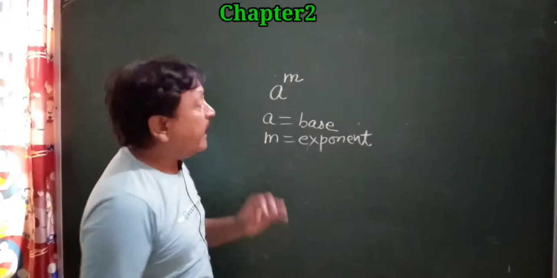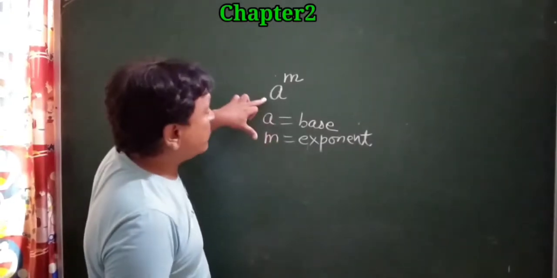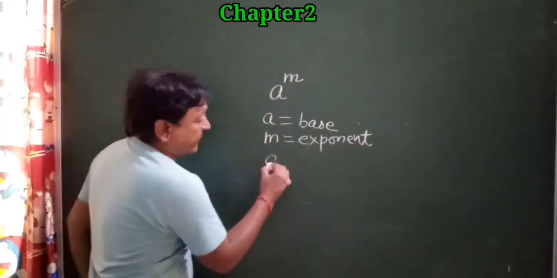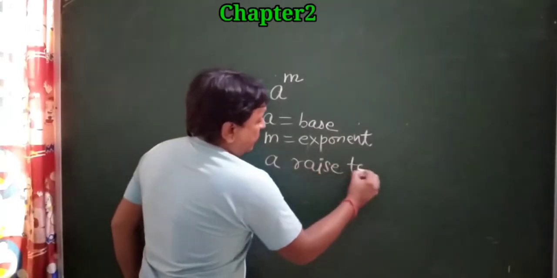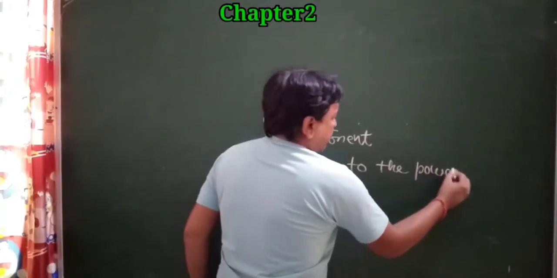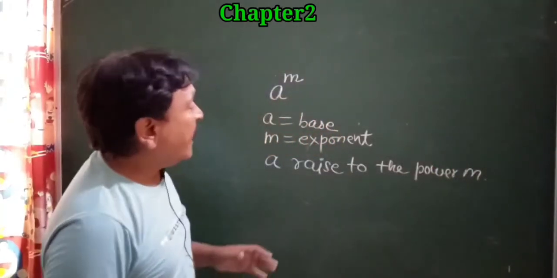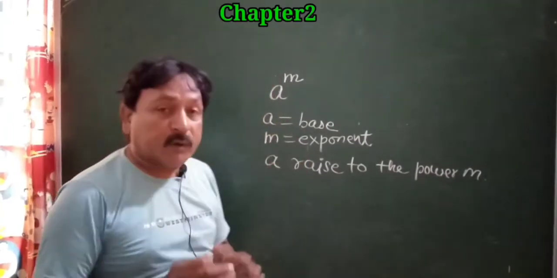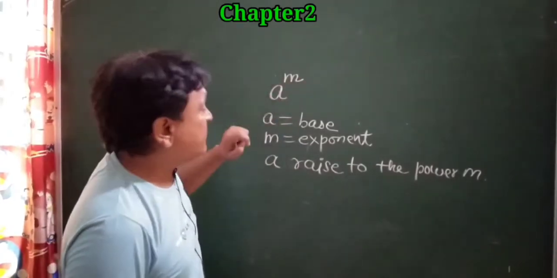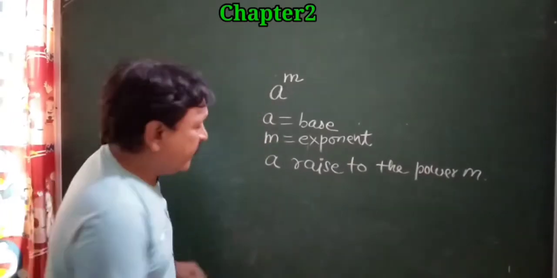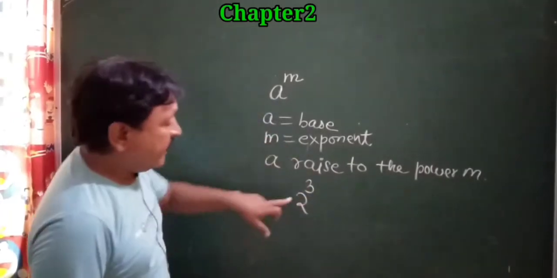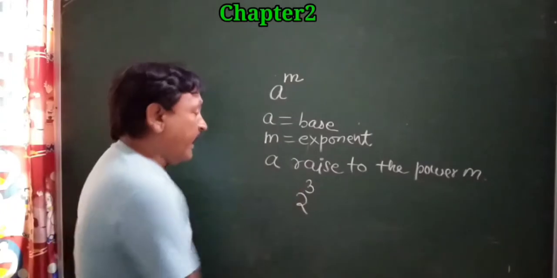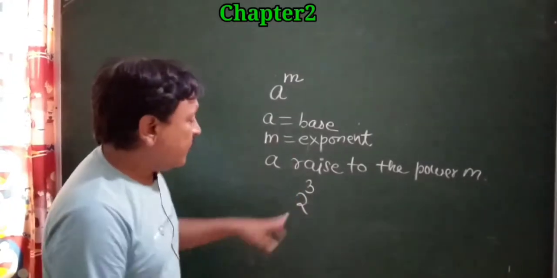If I talk on an individual level, A is base and M is exponent, and power means A raised to the power M. When I talk of A and M separately, A is called base, M is called exponent, and when I talk about the whole thing together, I will say A raised to the power M. For example, 2 raised to the power 3: 2 is only base, 3 is only exponent, and this whole thing means 2 raised to the power 3.